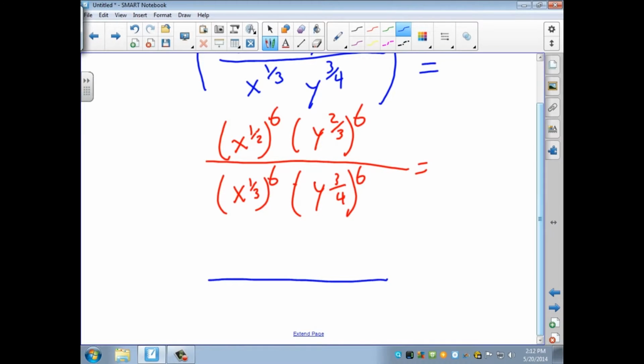So we start with x to the 1/2 to the 6th power. You write the x, you multiply 1/2 by 6. 1/2 multiplied by 6 is 3. Y to the 2/3 times 6 is 12/3, which is 4.